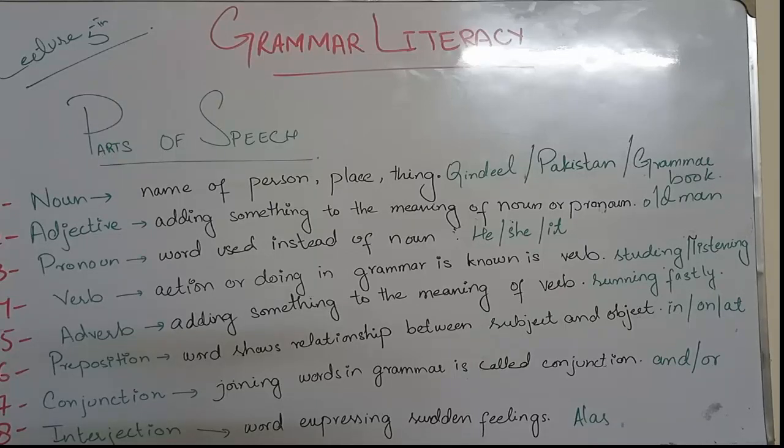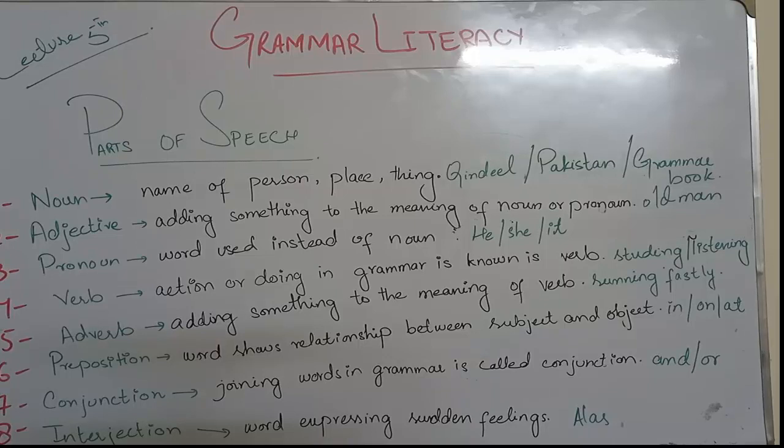One thing we have to note down here: the noun includes all the objects that we have seen. Akbar, for example, is a specific noun, that is, a proper noun, and some common nouns are also related to the noun.